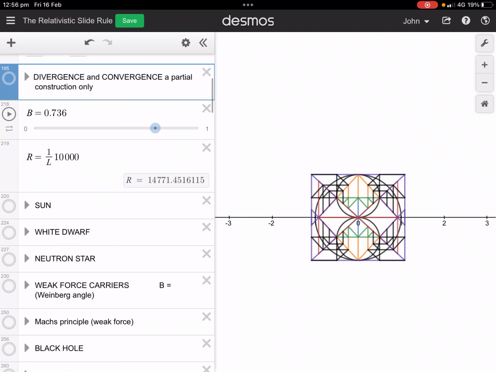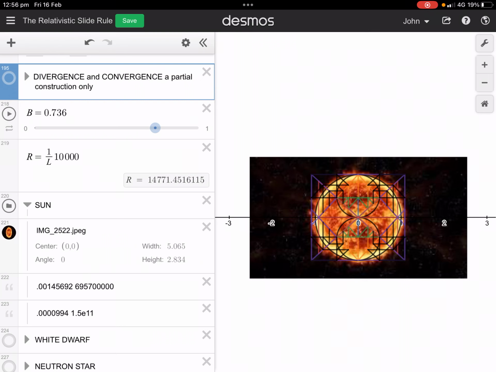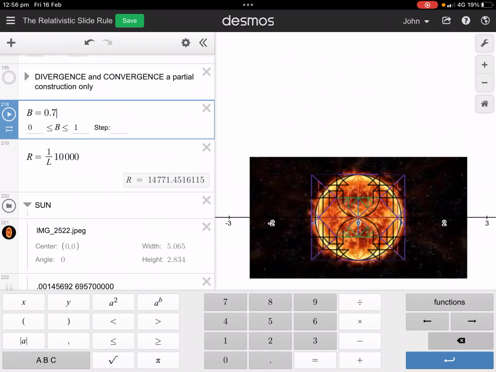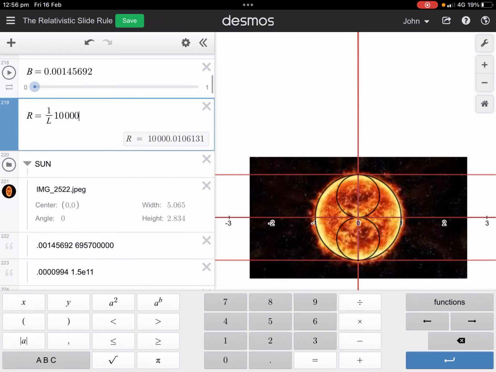So let's start with the sun. Ta-da, there's the sun. And the sun will have a small b value, 0.0145692, and a radius of 695,700, 123.